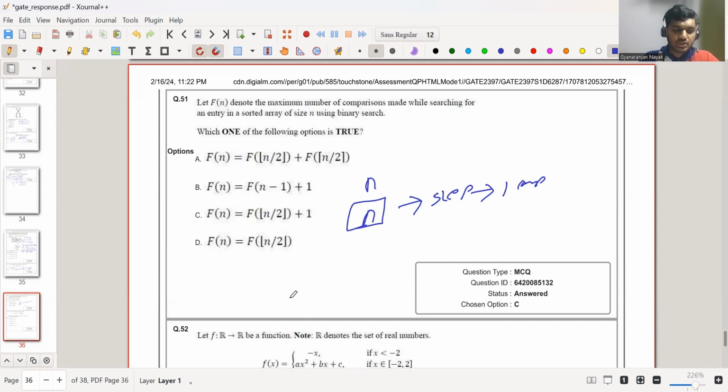Then you search either the left half or the right half. So the maximum number of comparisons for an array of size n is f of n equal to f of n by 2 plus 1. So the answer is option C.